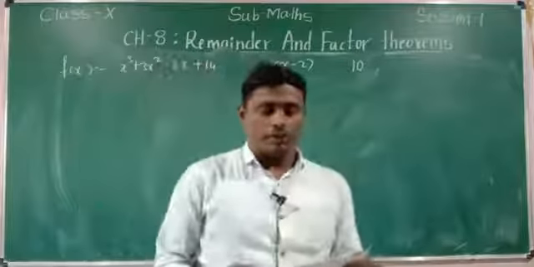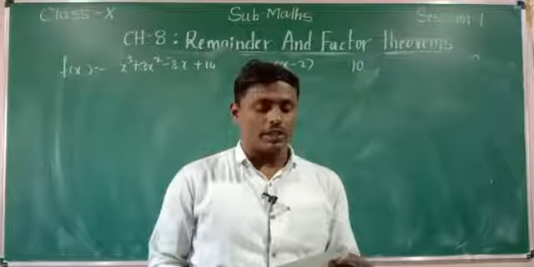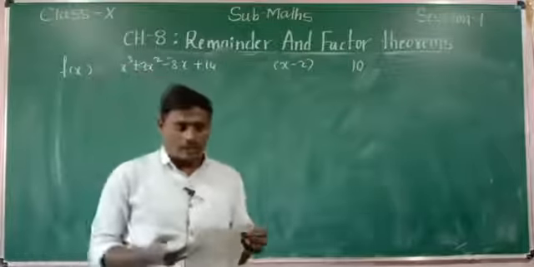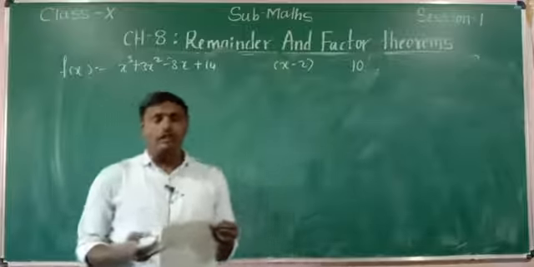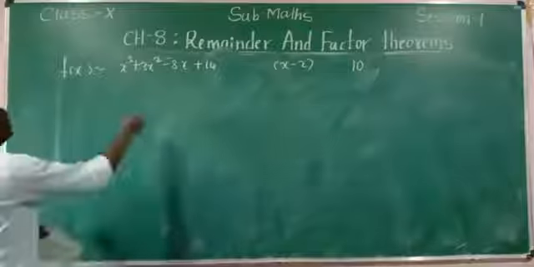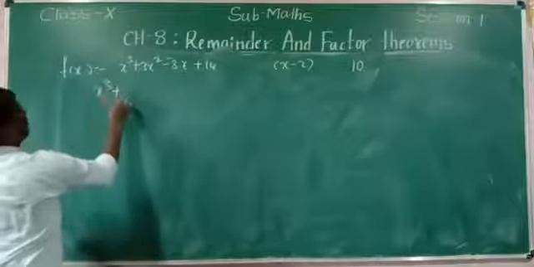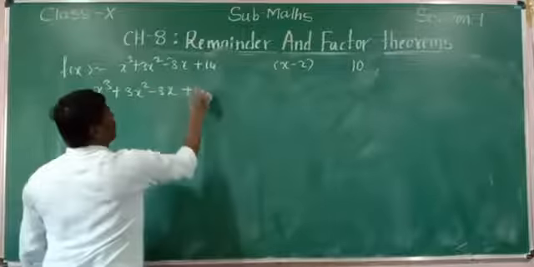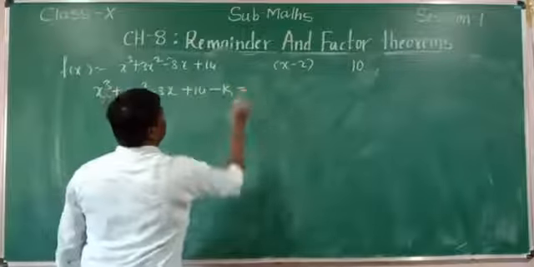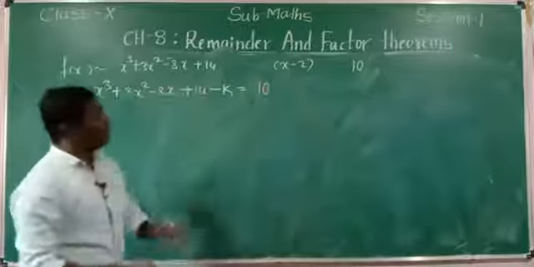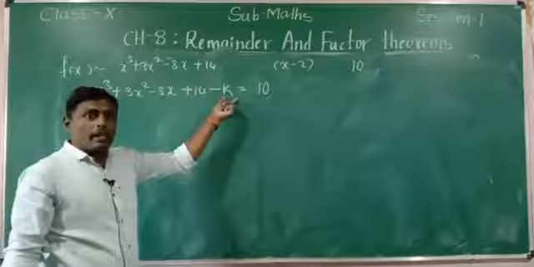What number should be subtracted from x cube plus 3x square minus 8x plus 14 so that on dividing it with x minus 2, the remainder is 10? So x cube plus 3x square minus 8x plus 14 minus k is equal to the given remainder, 10. Here we need to find the k value.